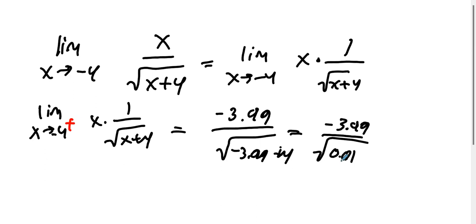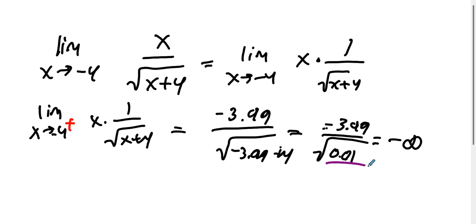And from here, we know that if this number is getting infinitely smaller, we're essentially saying that this is going to be approaching 0 in here, but we have a negative number here. So if this is approaching 0, that means this is actually going to go to negative infinity, because we have a negative in the numerator, and we always have a positive number in the denominator.